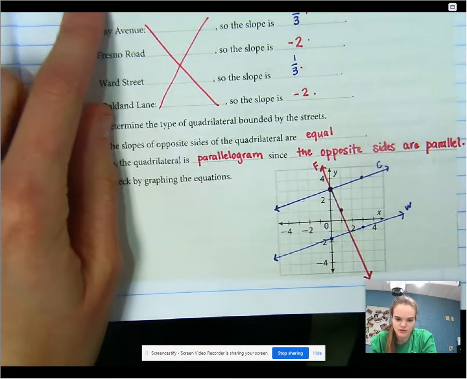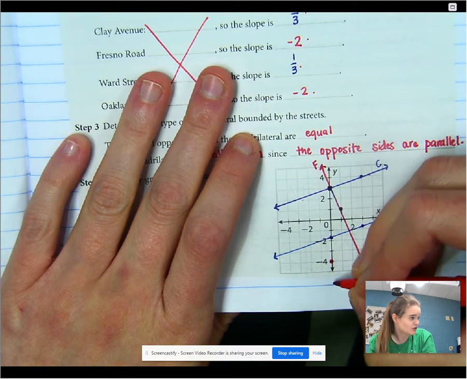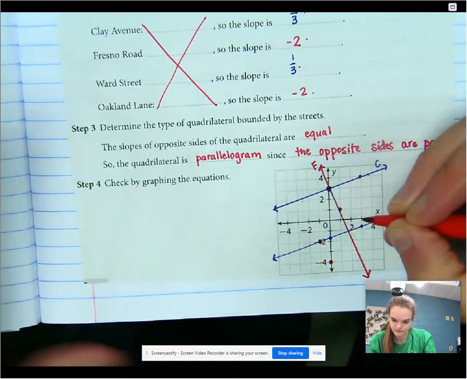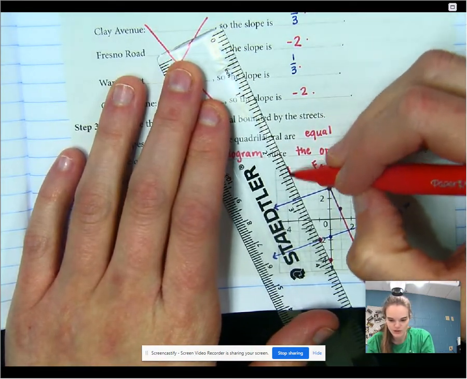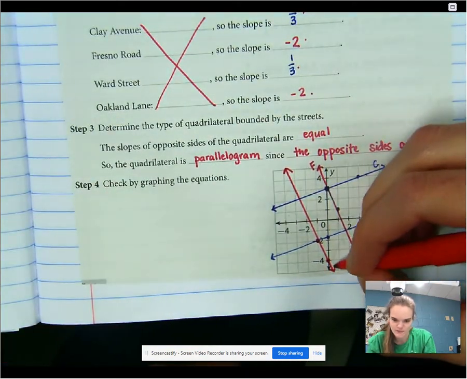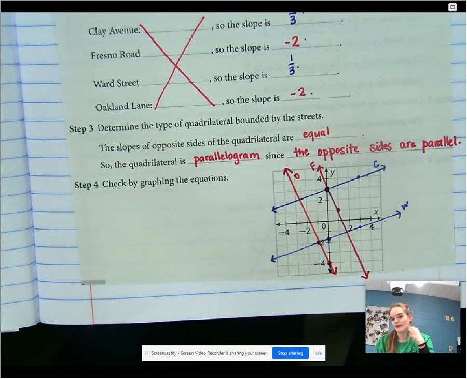And last is Oakland Lane, so negative 4. Down 2, right 1, we cannot do that, so up 2, left 1, sorry, not right 1. Okay, we're looking to see, does this really look like a parallelogram? And the answer to that is yes, this in here does look like a parallelogram, okay?